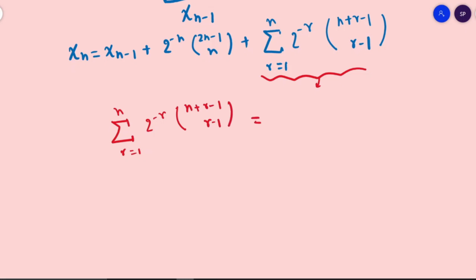So we can write this as the following: summation from r equal to 1 to n of 2 to the power minus r, multiplying by 2 and dividing in the denominator, we get this thing.